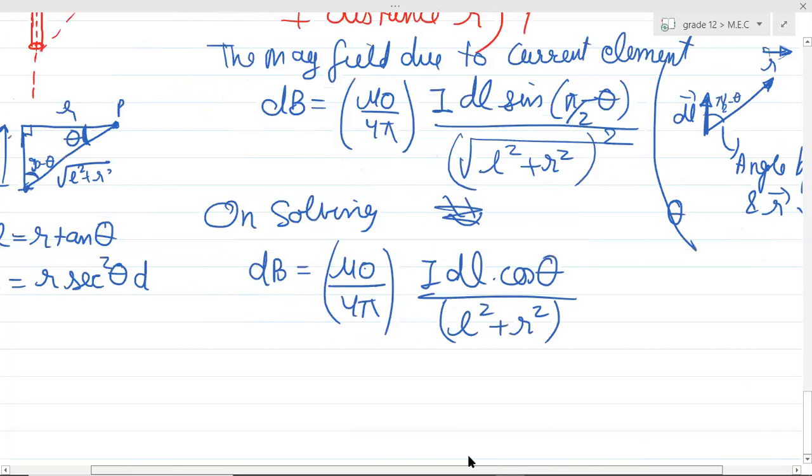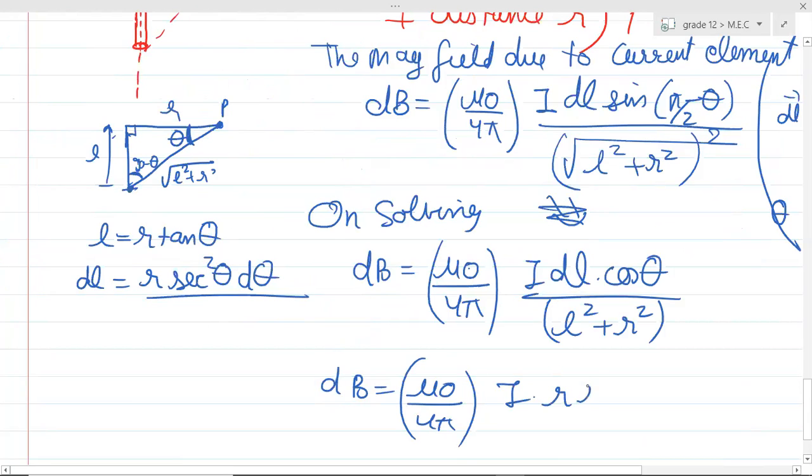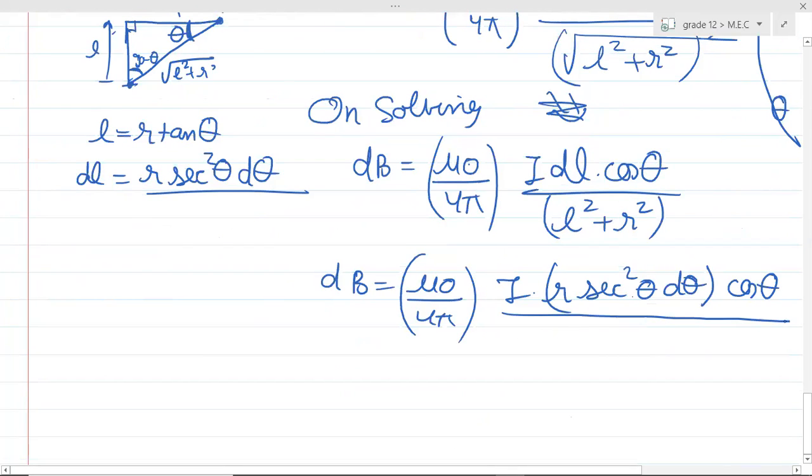Yes or no, guys? Now see over here, dB will be equal to mu naught by 4 pi into I into what is dl, guys? Can you see in place of dl I'm writing this thing using that relation? So R sec square theta d theta into cos theta divided by L square plus R square.